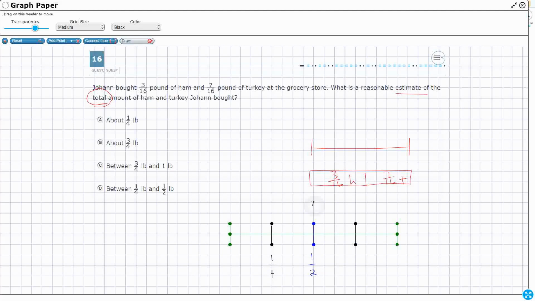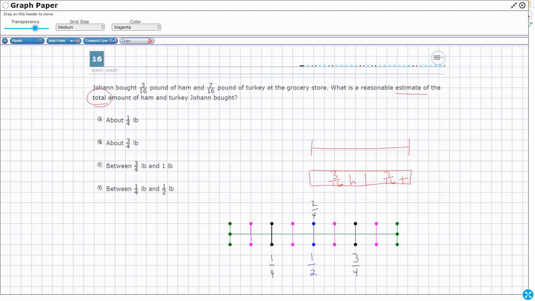Now this 1/2 can also be labeled as a 2/4, and then that's going to be 3/4. Okay? If I cut my fourths in half, I'm going to get eighths. Right? So we're just going to keep cutting each new section in half, right?